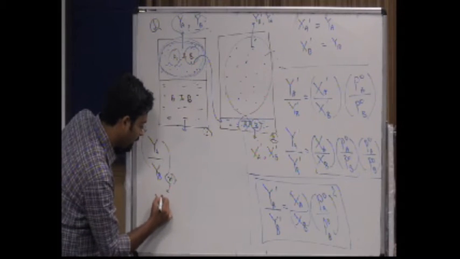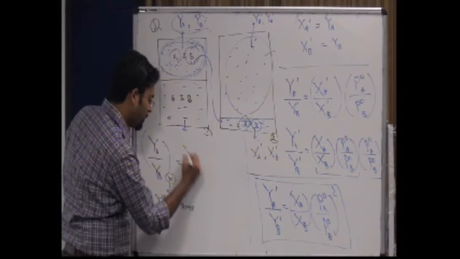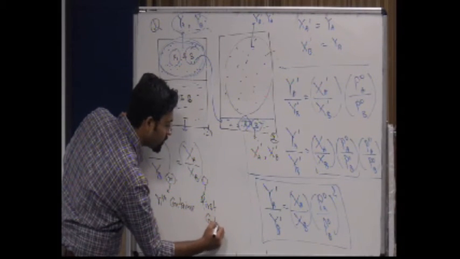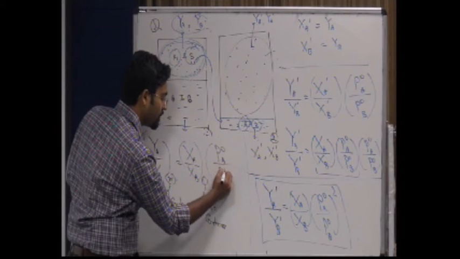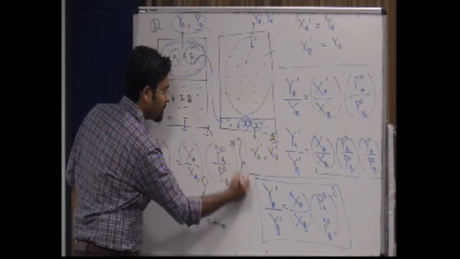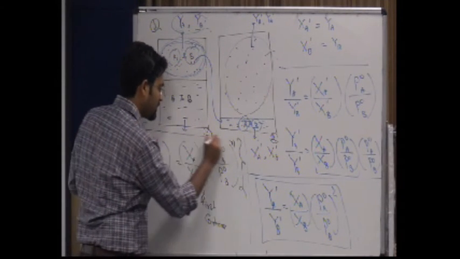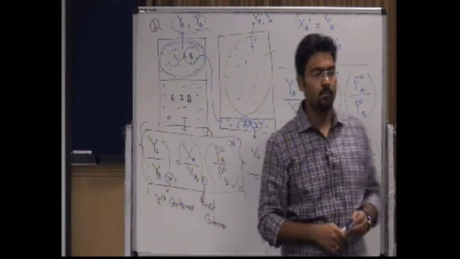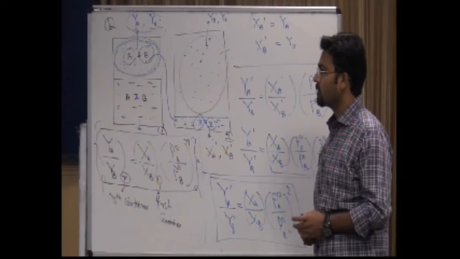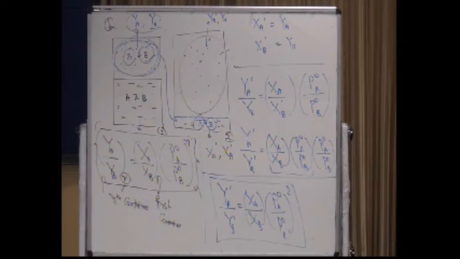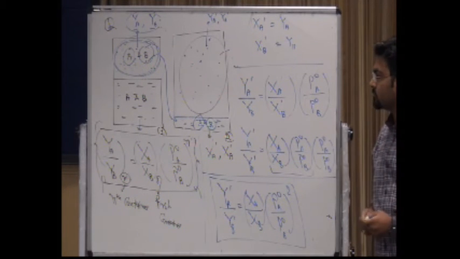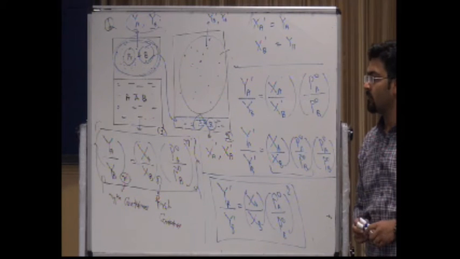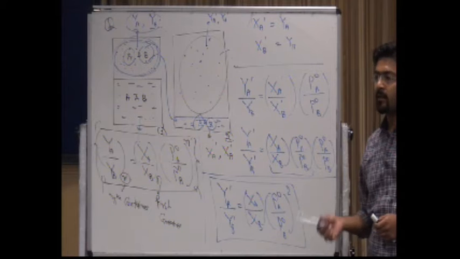So this n belongs to nth container I'm talking about, is equal to XA and XB 1, this belongs to first container you were dealing with, into P naught A upon P naught B to the power n. So if you have to calculate for the 100th container, you can quickly calculate it.